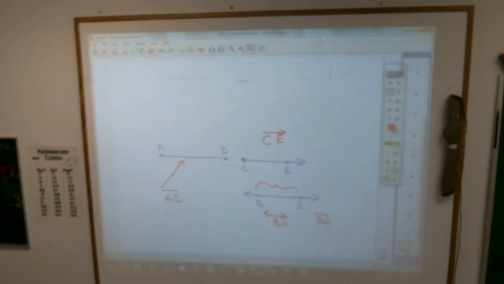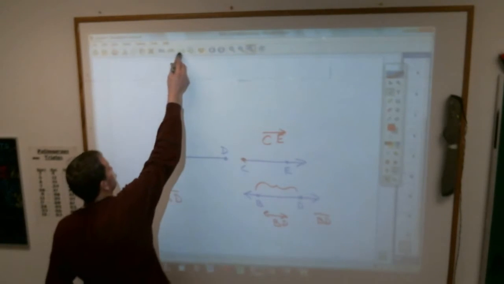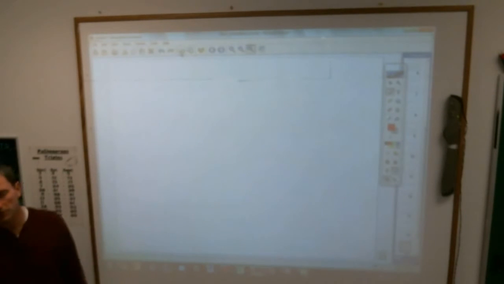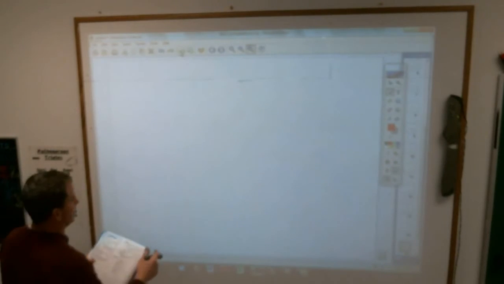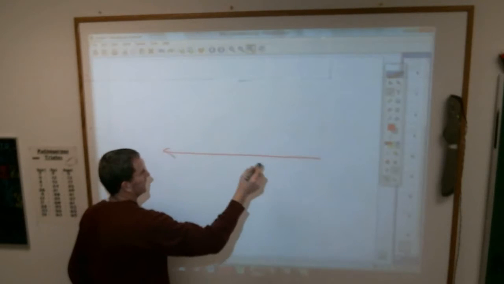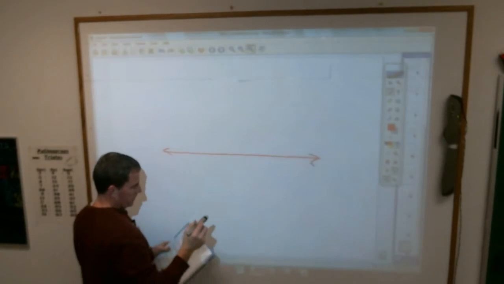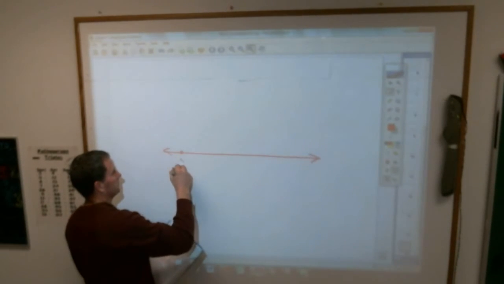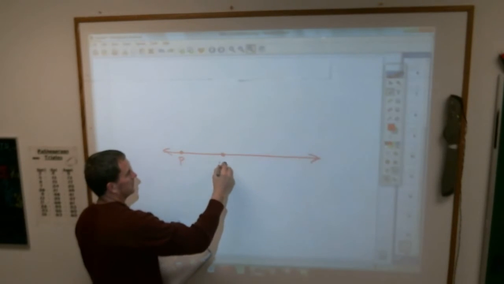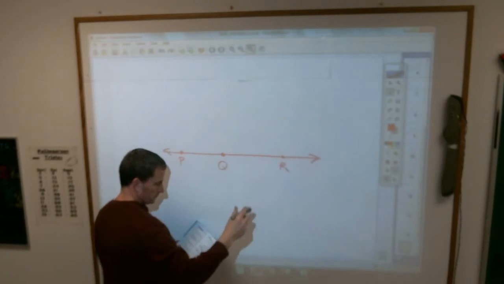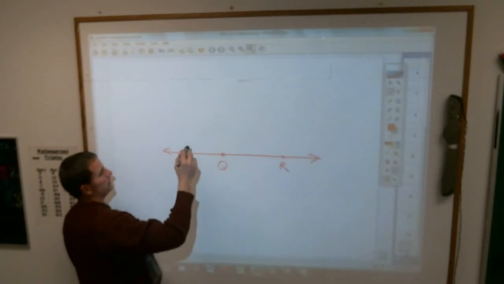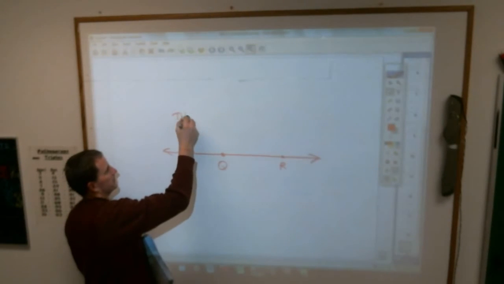Now, here is an example I want to show you, because this is one of those things when you see it, you have to do it the right way. Write this down. This would be your note of the day. If you're going to highlight anything, this would be it. Write out of the book a problem for the ages. P, Q, R. The length of PQ is 3 centimeters.